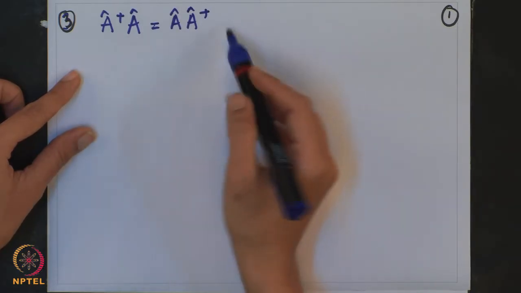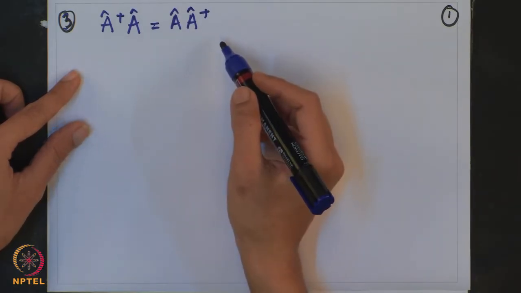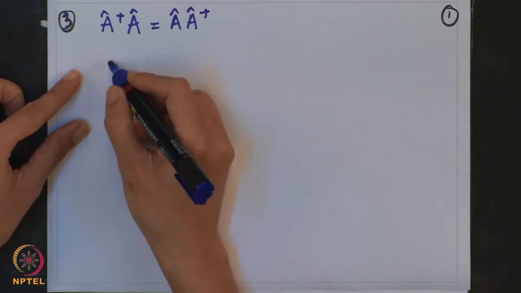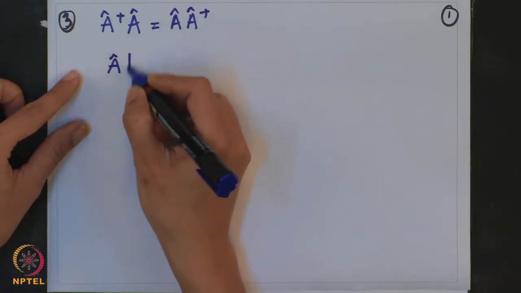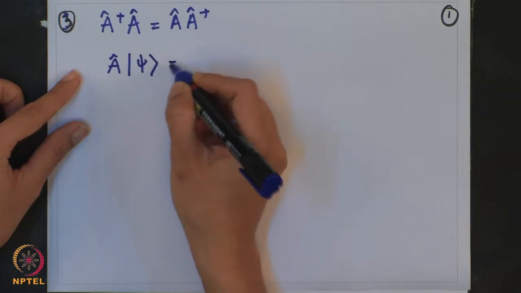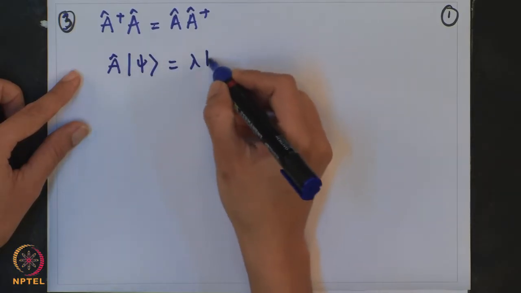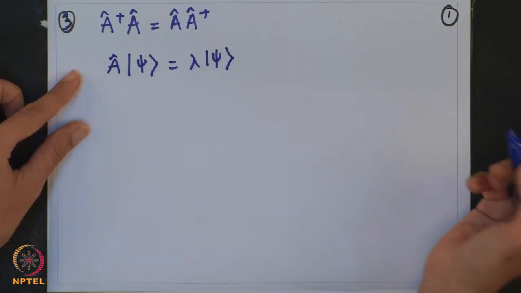When you operate this operator on a wave function, it will give you some eigenvalue lambda on psi.